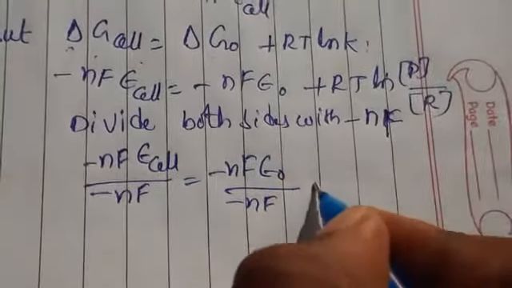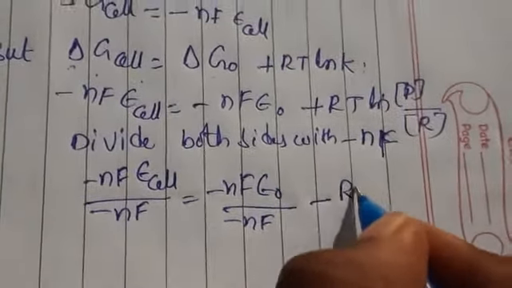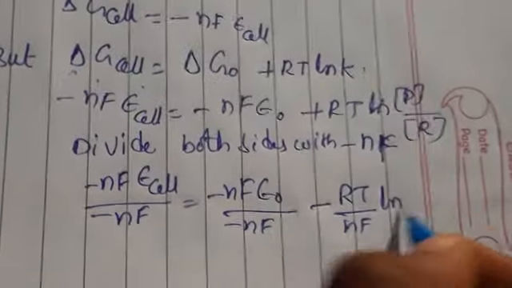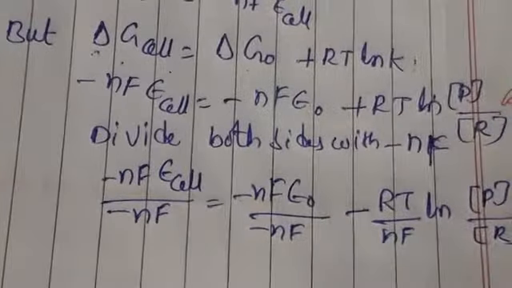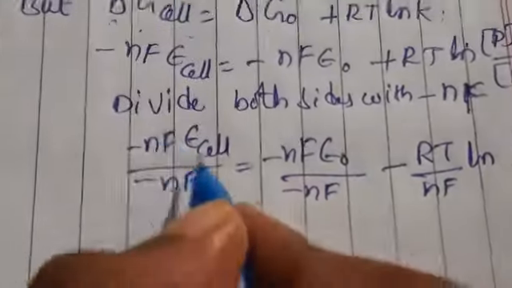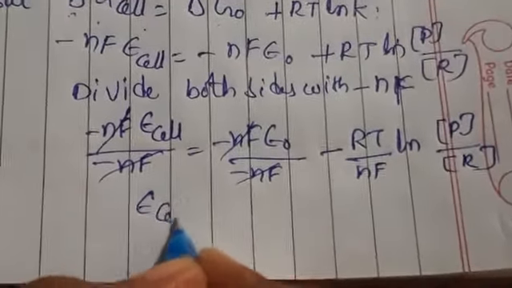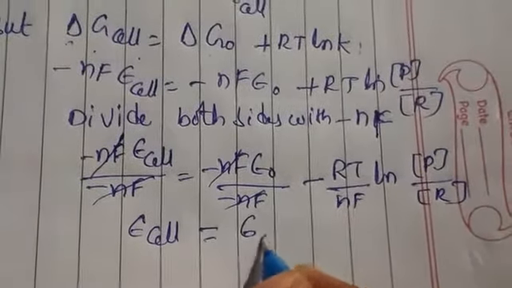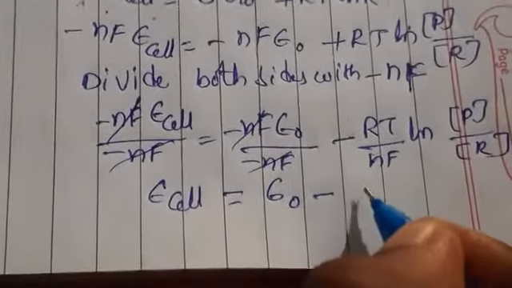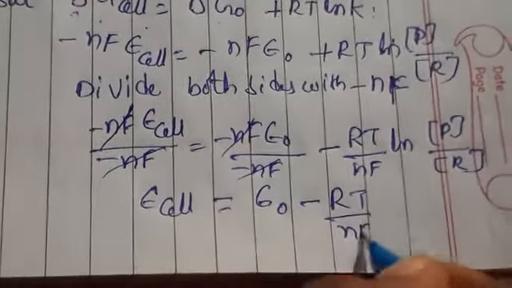Here the minus is already there, so I am placing minus RT by nF ln concentration of P by concentration of R. The nF will get cancelled, so you get cell potential of the electrode is equal to the standard electrode potential minus RT by nF ln concentration of products by concentration of reactants.